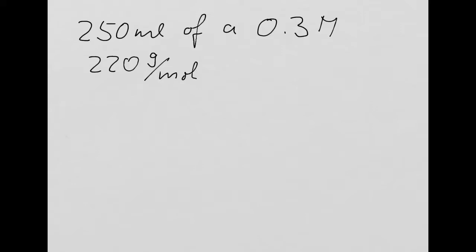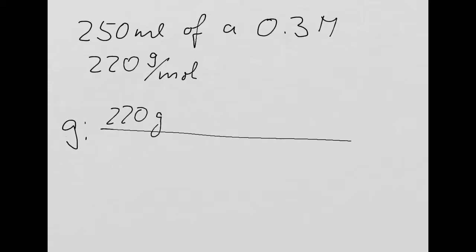What are we looking for? Grams? Write that down. Write it always down at the beginning, because then you don't get confused. Do we have anything with grams in it? 220, and I'll write it so that the grams are on top, moles are on the bottom.